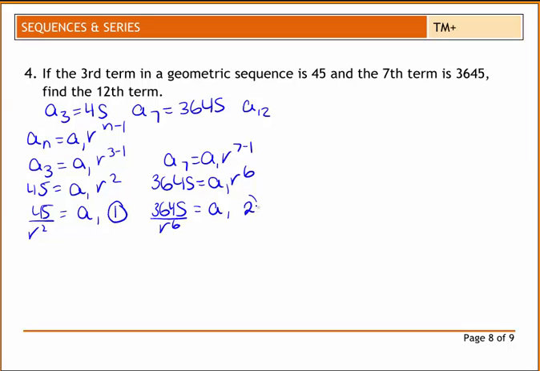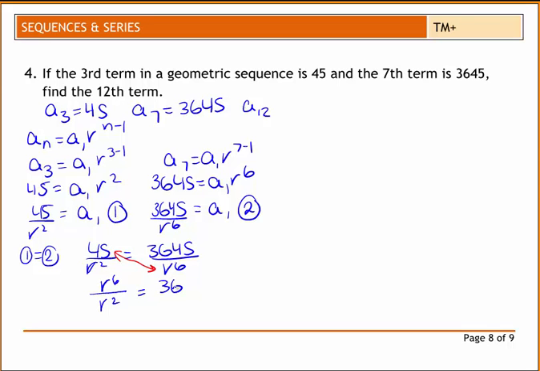Equation 1, equation 2. Equation 1 equals equation 2, so I've got 45 over r squared equals 3645 over r to the 6. From here, I'm just going to swap my numbers. So I get r to the 6 over r squared equals 3645 over 45.